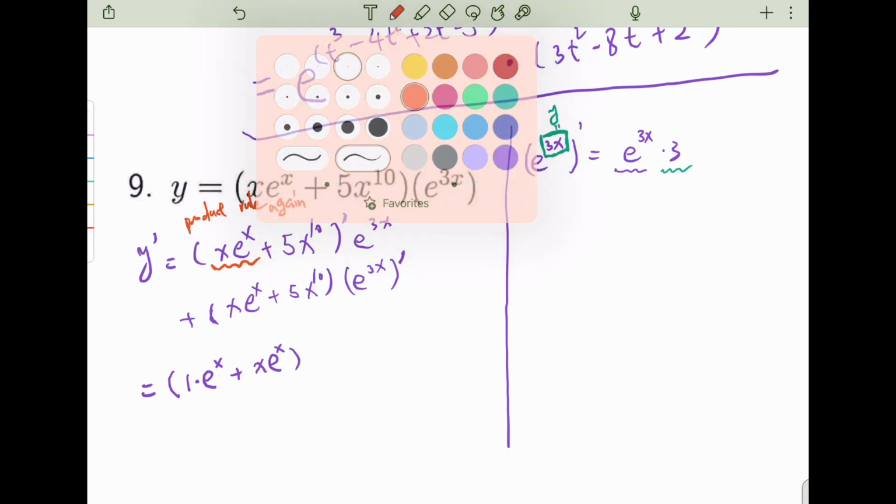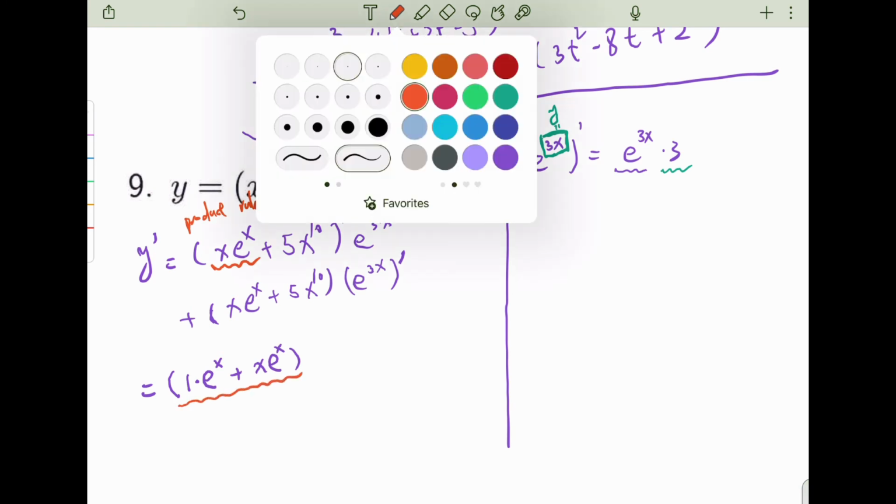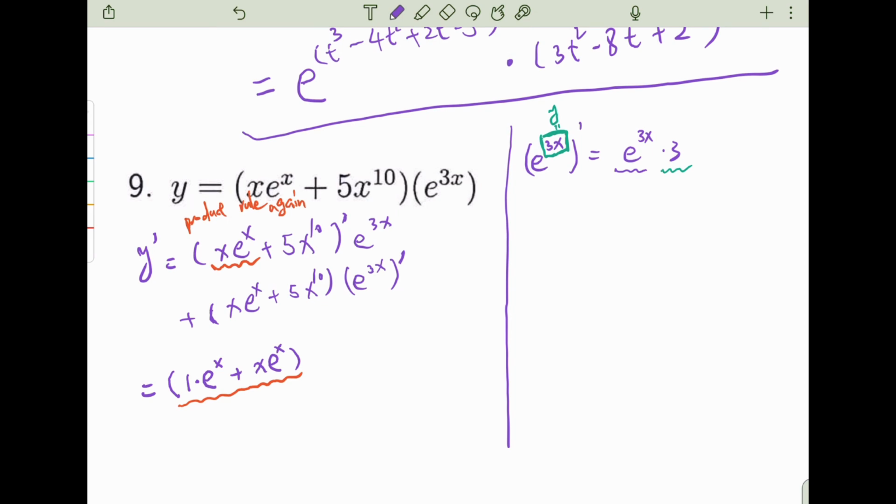That is the derivative we obtain by using the product rule. Then we write out the second factor. Its derivative is 50 x to the 9, because the 10 goes down and then multiplies with the 5. Okay, so that is the derivative of the first bracket. And times e to the 3x.